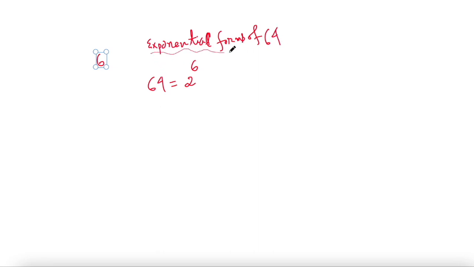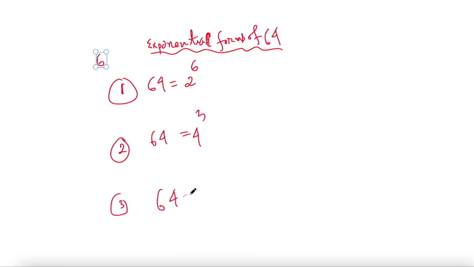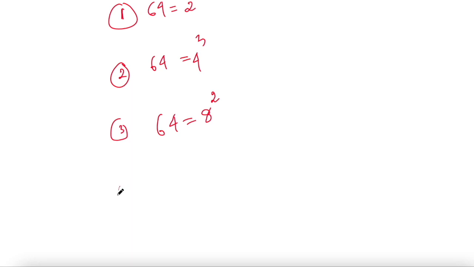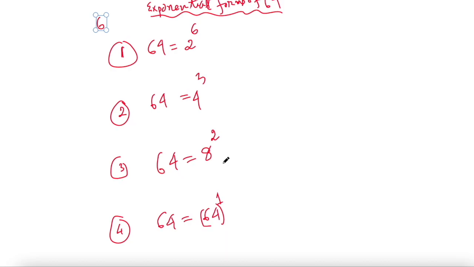There is another exponential form of 64: 64 is equal to 4 to the power 3. And another one, we can write 64 as 8 squared. And the last one, we can write 64 is equal to 64 to the power 1. So these are the exponential forms of 64.